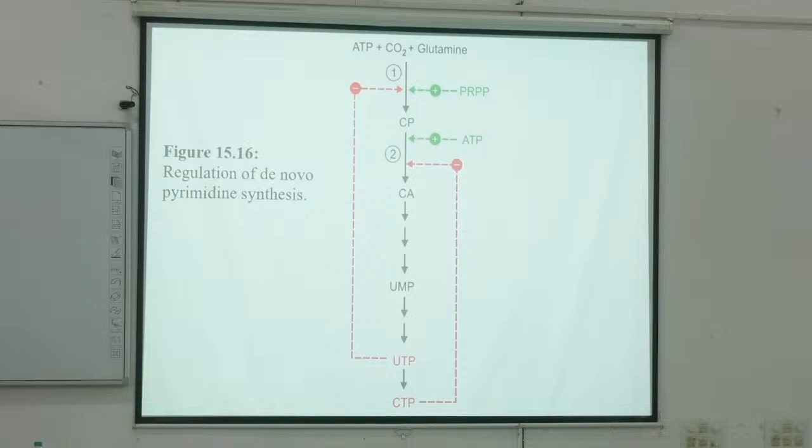You also take a picture of this slide. It is very important. That is PRPP. PRPP can increase the rate of this cycle, and UTP can decrease the rate of this cycle by acting on CPS second. So these are all the synthesis regulation.